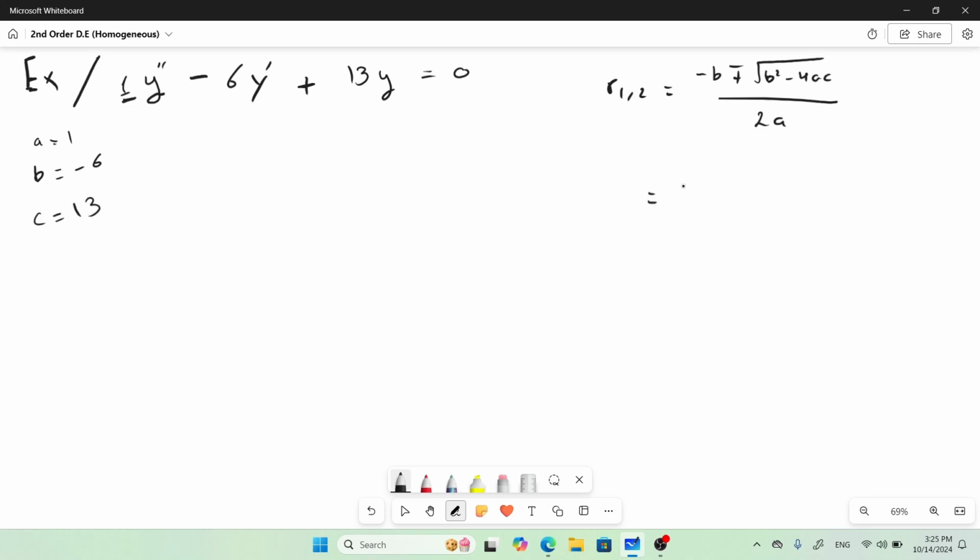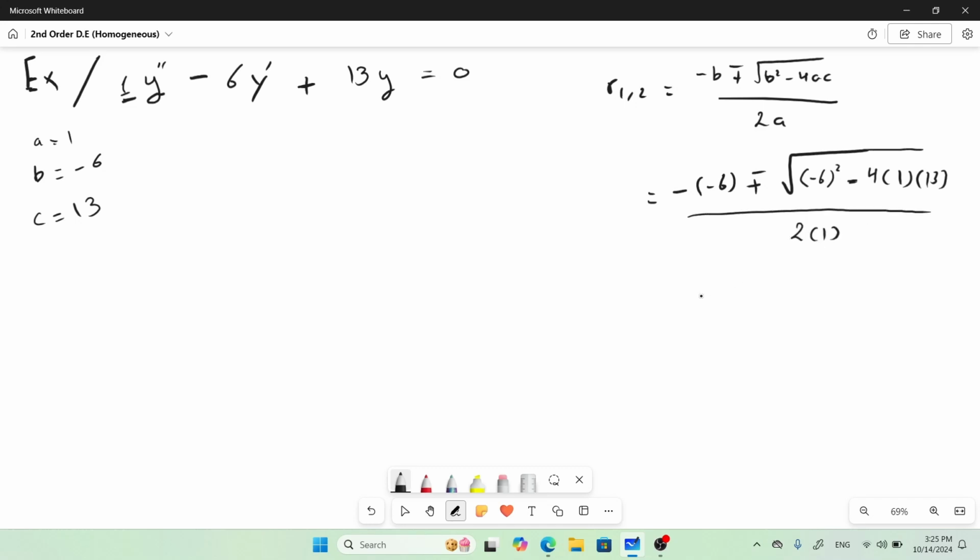So we have negative negative 6 plus or minus the square root of negative 6 squared minus 4 multiplied by 1 multiplied by 13, divided by 2 times 1.